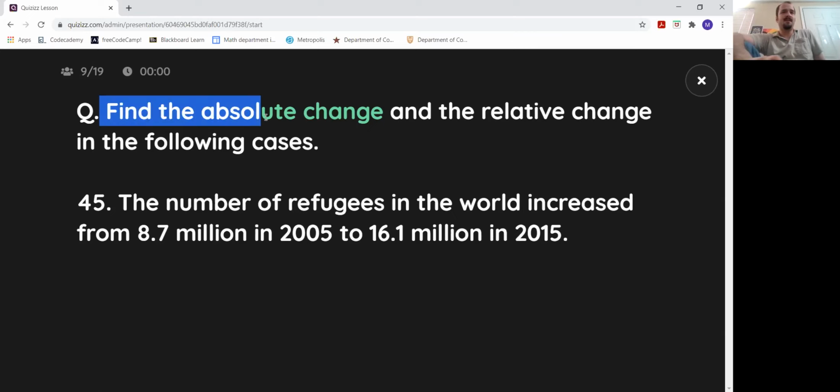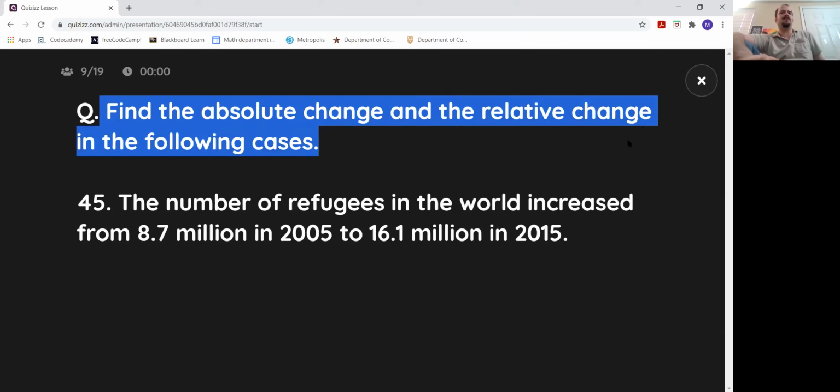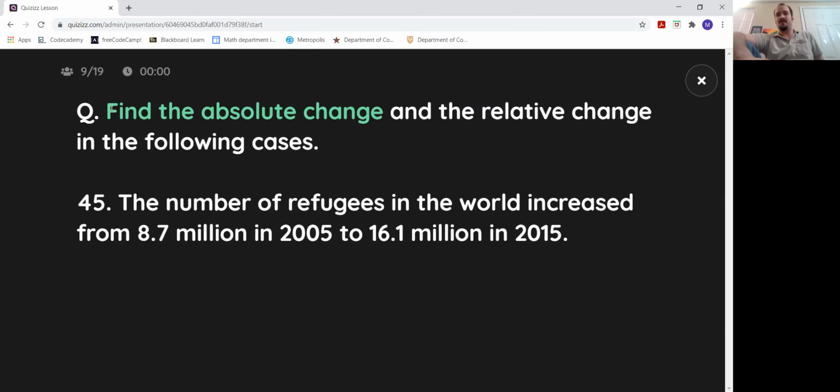Okay, so the first thing we're finding is absolute change. The second thing that we're finding is relative change. These were the two sorts of changes we talked about.